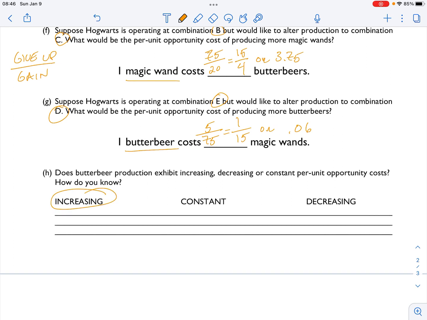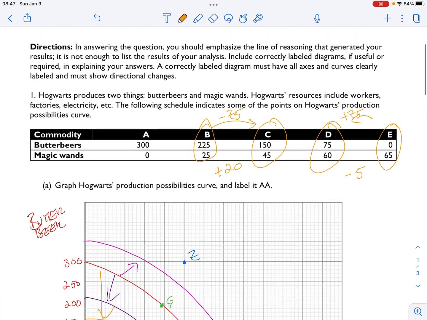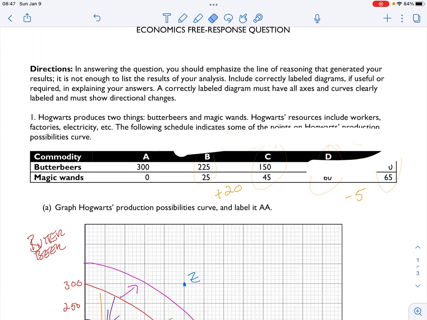You're going to know that because as you increase butterbeer production, each one of those increased butterbeers that you're making costs you increasing amounts of magic wands. So let's look at the schedule and understand that. Do a little bit of erasing here just to have a clean canvas to work with.